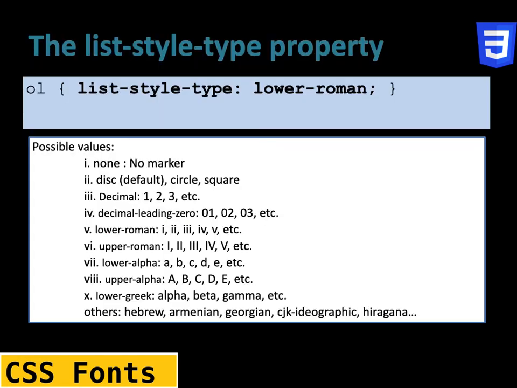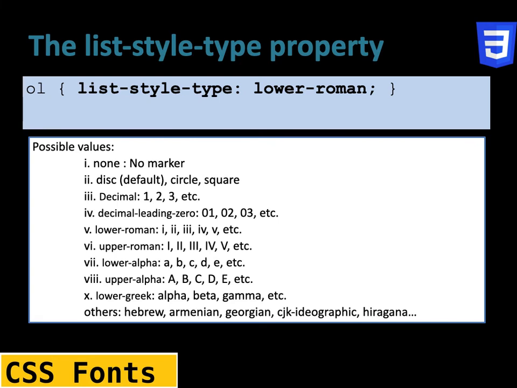Another property is list-style-type. So here we can specify a particular style type for list. Ordered list and unordered list are there. So for list, how we can give labels.